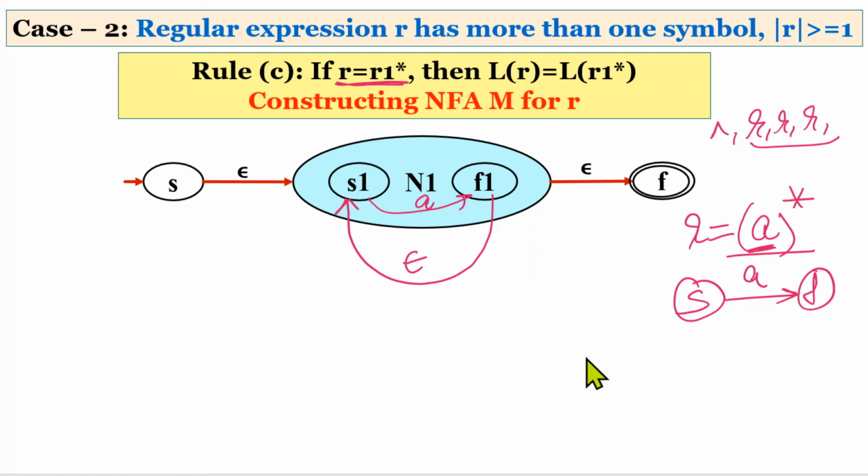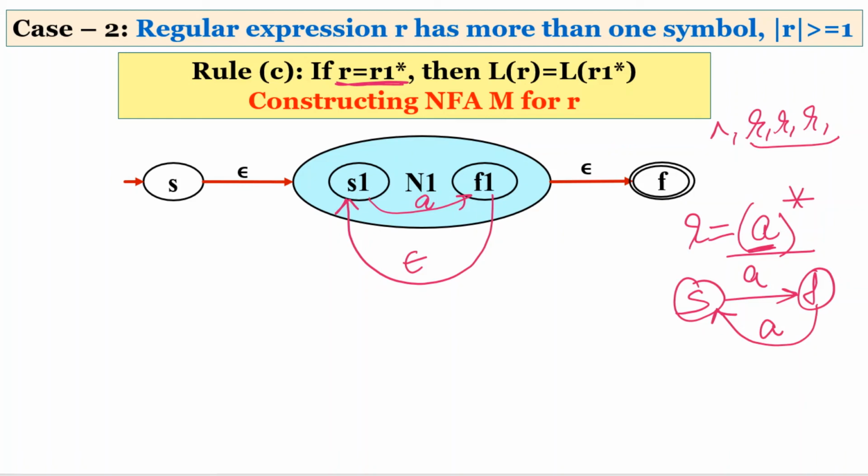This is the speciality of NFA with epsilon moves: if we are not reading an input symbol, we can simply have a null move to the required state. So we move from F1 once the expression is complete. If the expression is AA, then we need to come back to the state S, because S is the only state from where we can start the expression again.